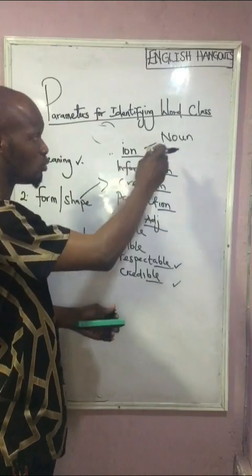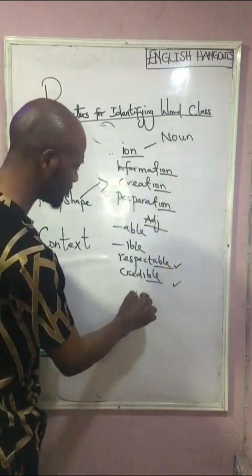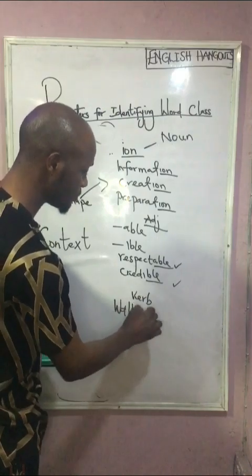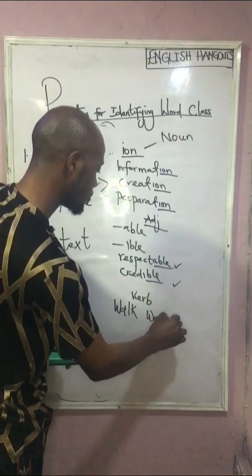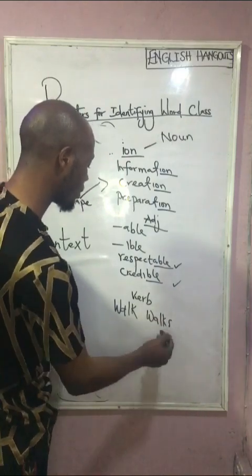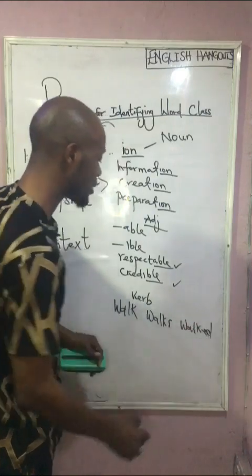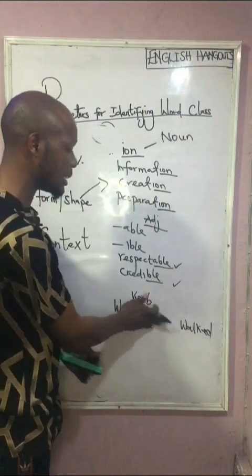As a noun, we have ion. As a verb, we can have walk, walks, we can have walked. This is also a shape that this can take, the present and the past.